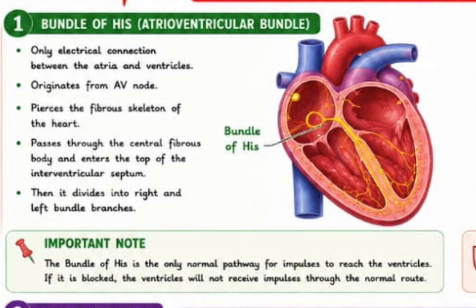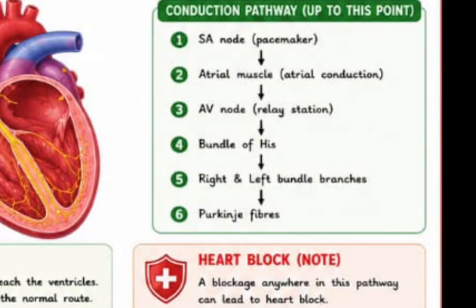Now, one normal pathway to note is that the SA node is the natural pacemaker, which generates action potential and spreads it to the atrial musculature, then to the AV node. The AV node is a relay center, delaying it for 0.1 seconds, then giving it to the bundle of His. The bundle of His spreads it to the right and left bundle branches, and from there it goes to the Purkinje fibers.